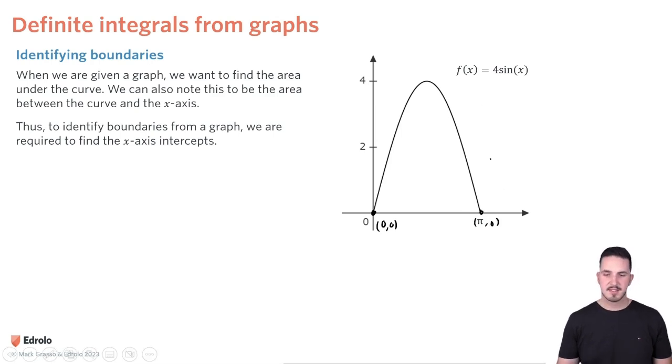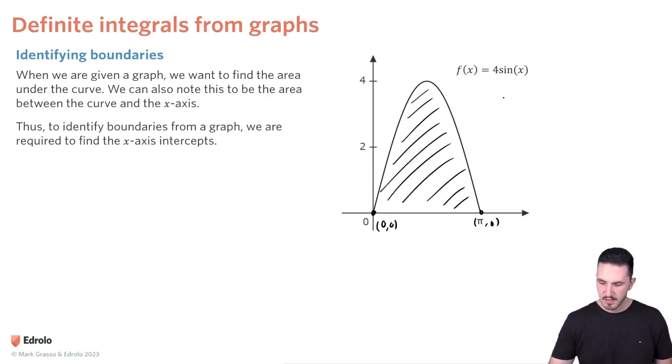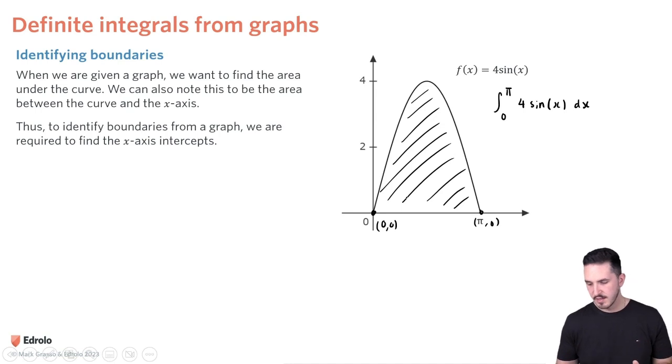So if we're to write this as a definite integral, then the area bound by this part of your sine curve would be given by the integral of 0 to pi of 4 sine of x dx. So again, it's always your lower boundary, your furthest left, and then to your furthest right, so 0 to pi.